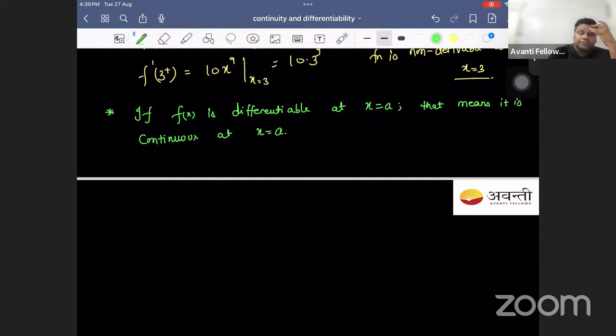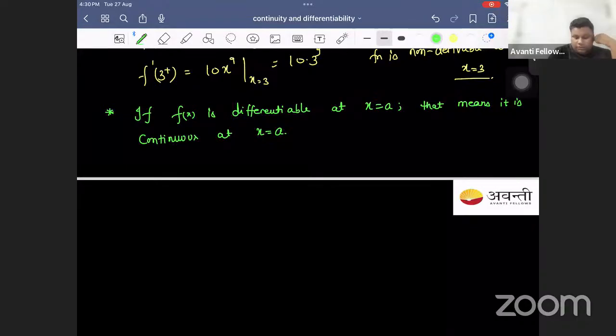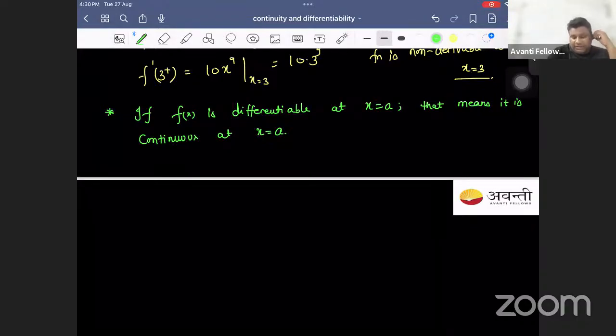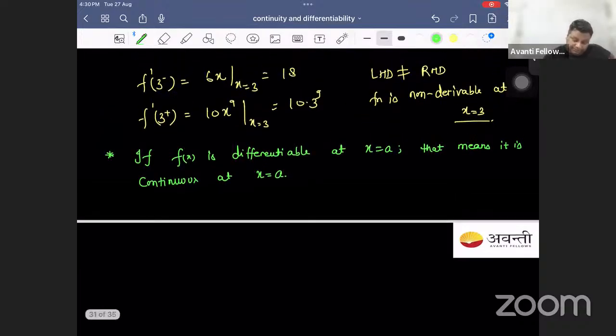Got it? So if a function is differentiable at x equals a, that means it is continuous at x equals a. Okay, one thing I would like to mention.